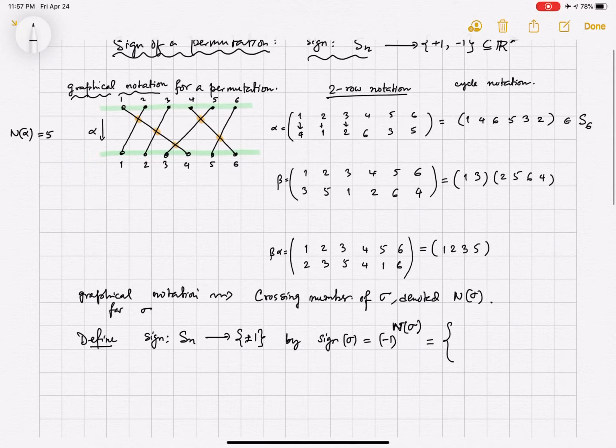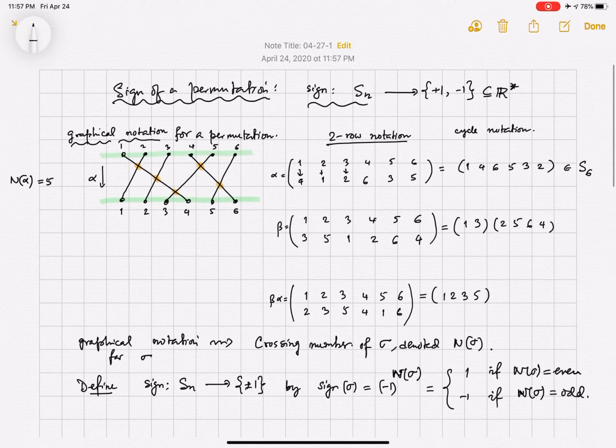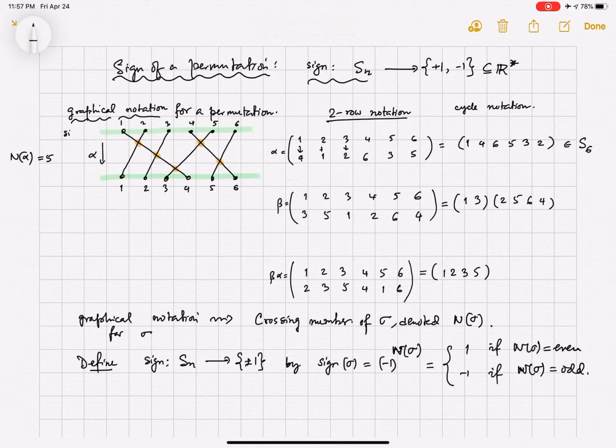So more explicitly, this is 1 if the number of crossings is even, and -1 if the number of crossings is odd. So this one has sign -1.